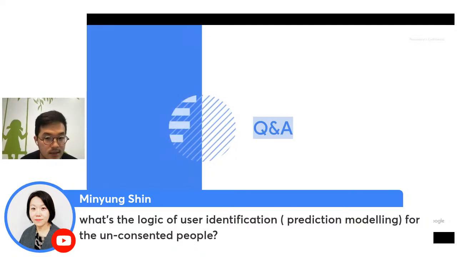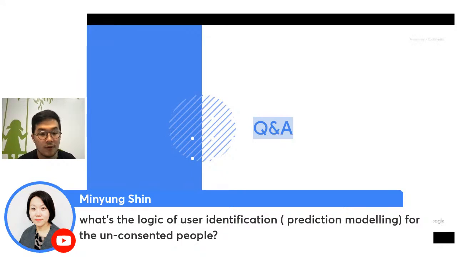Mingyun, the question is, what is the logic of user identification prediction modeling for the unconsented people? Okay, so this is about consent mode. I didn't mention previously, but if I'm a website user and I don't agree on cookie collection, our advertisers, our website owners, are able to enable consent mode to send the events back to Google Analytics without user identification.